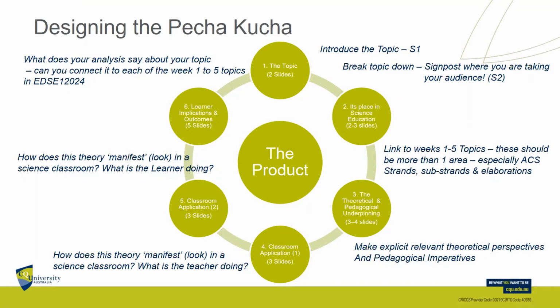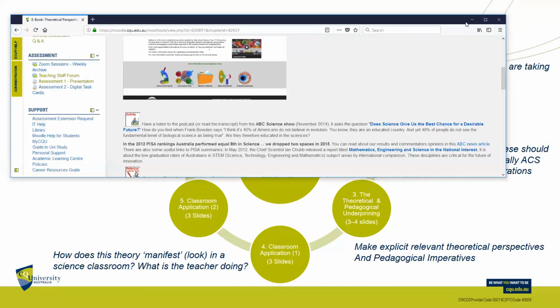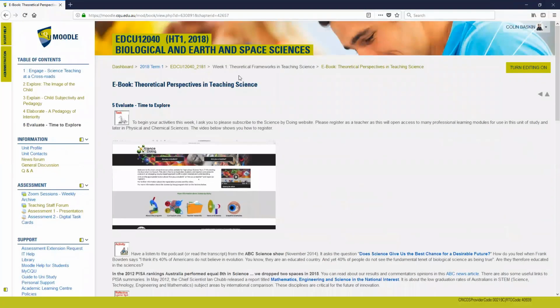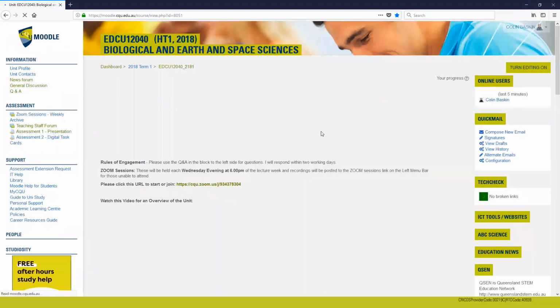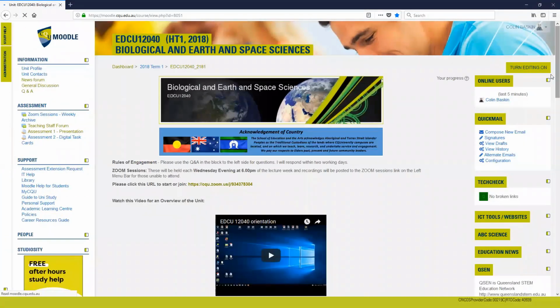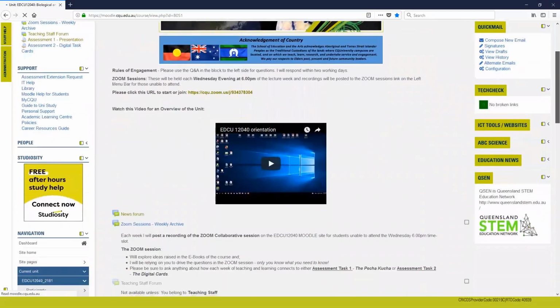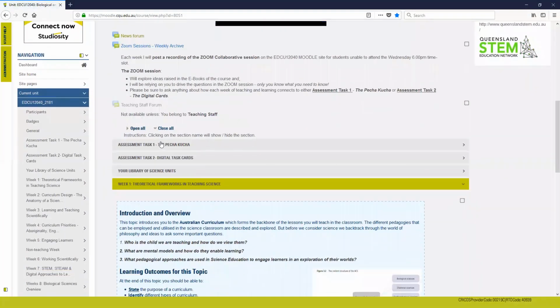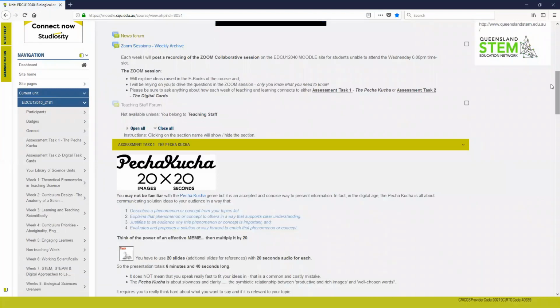Okay, so do you have a ballpark figure of what we might be aiming for? I'm so glad you asked that, because I've actually put some examples up on the subject website. I could put 1,000 things up here, but I value your time, so I'm trying to put something that's going to answer those questions succinctly. When we get into the Patientcrucian, you will see there are some examples.